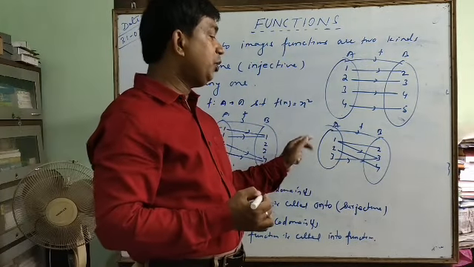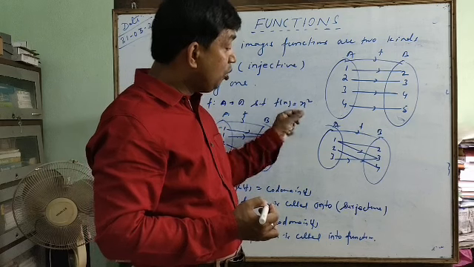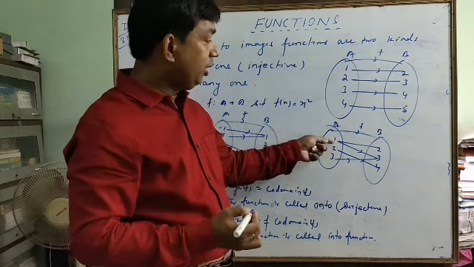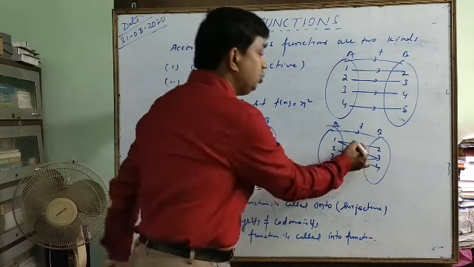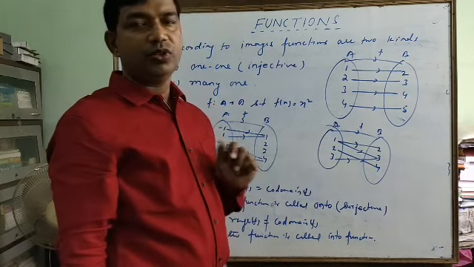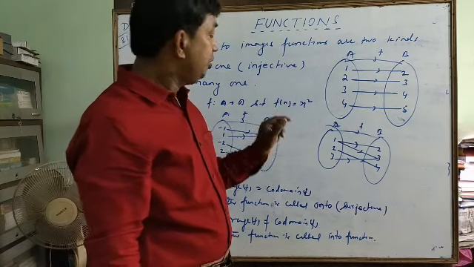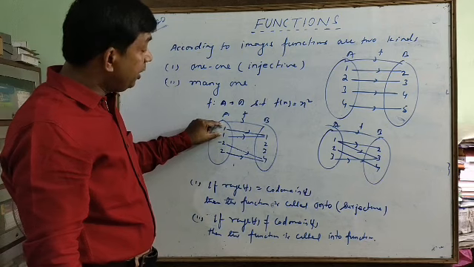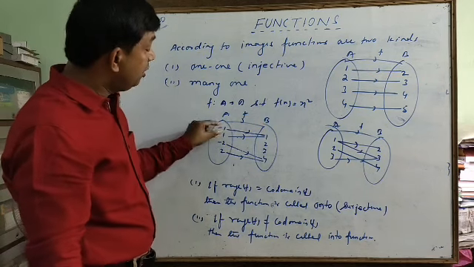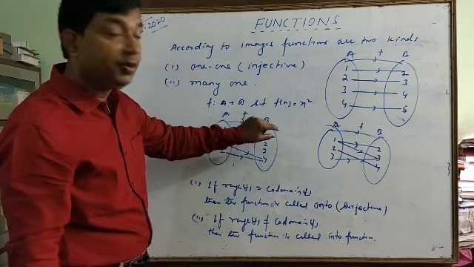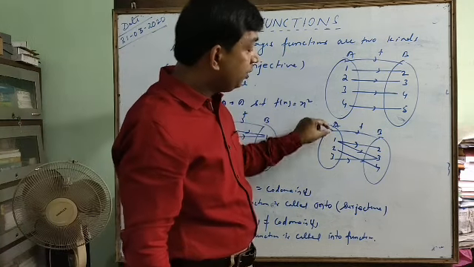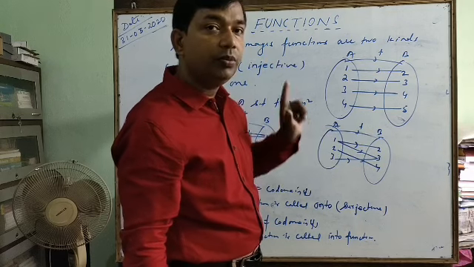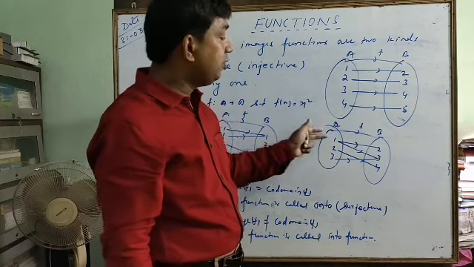Every input having some output, this is correct, but I told no input having more than one output, but this one having answer 2 or 3. This is not possible. Two boys can have the same girlfriend, but one boy cannot be related to two girls. We can say here this is not a function.